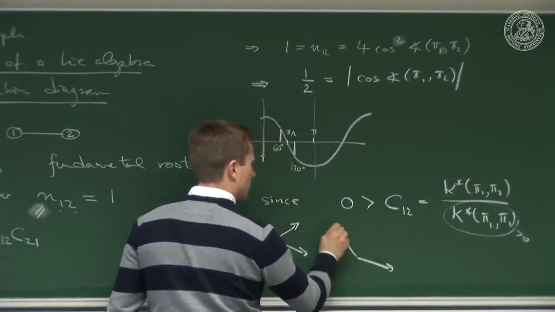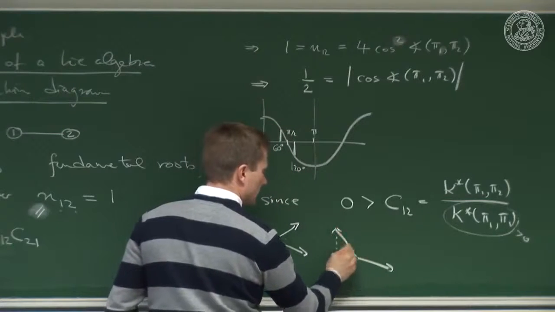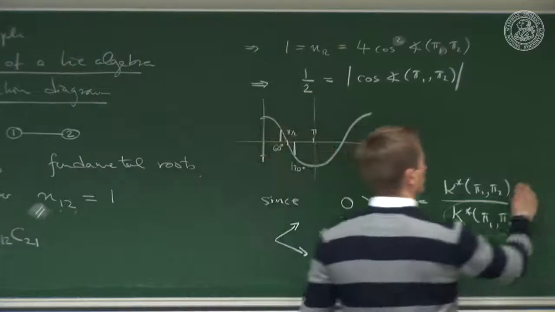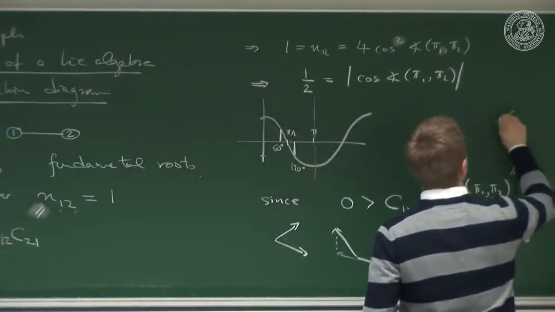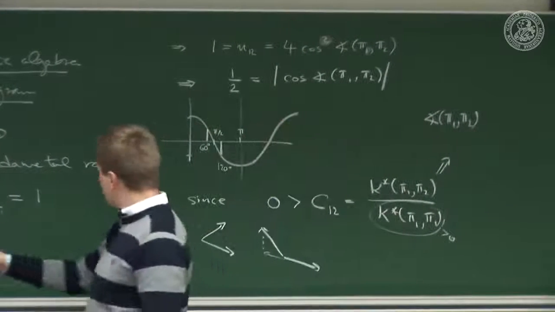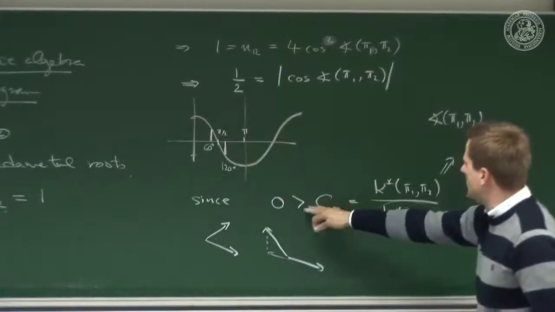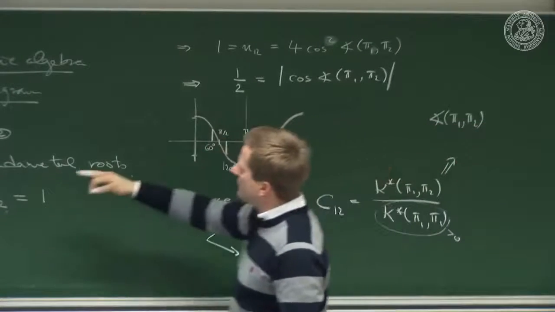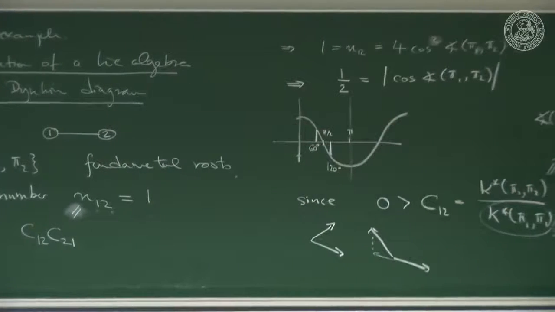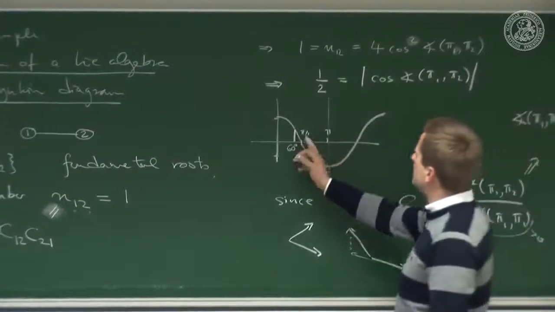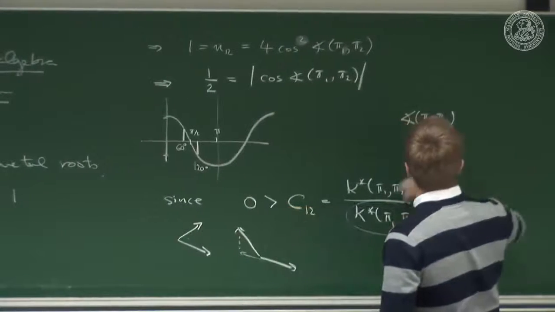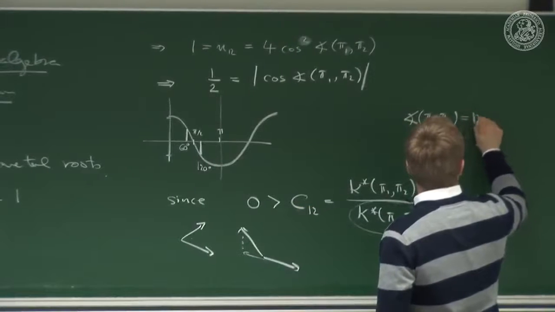The situation is 120 degrees, where the projection of one on the other is negative. So that means we have that the angle between the two fundamental roots, and that's of course a general rule because the off-diagonal elements are always less than 0. Whenever coming from a Dynkin diagram, you have to decide whether you have an angle less than 90 degrees or greater than 90 degrees. You pick the one greater than 90 degrees. You must pick it because of this sign. And so this is 120 degrees.